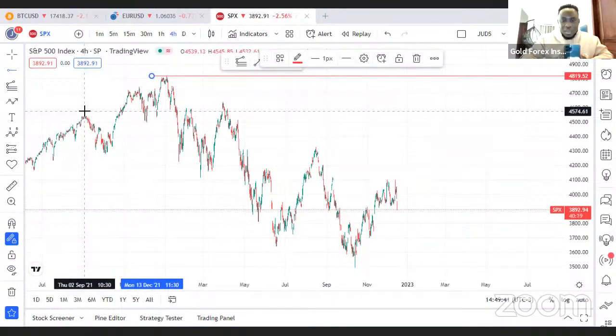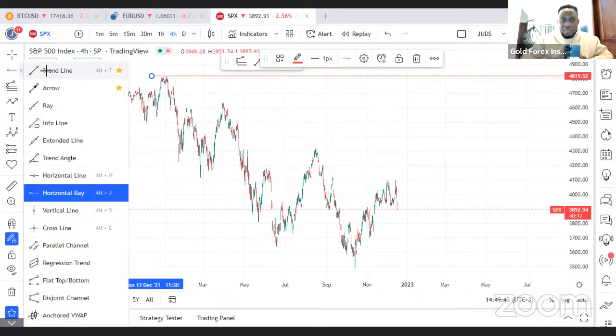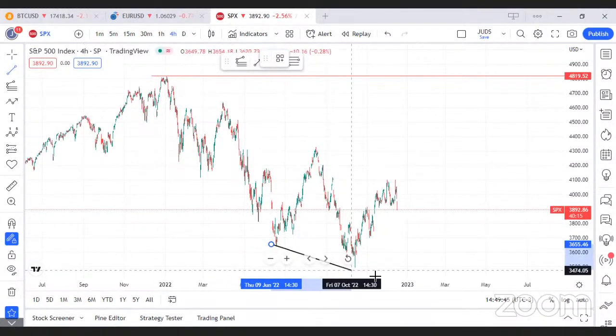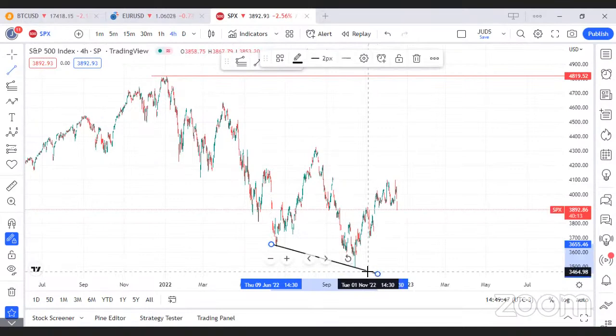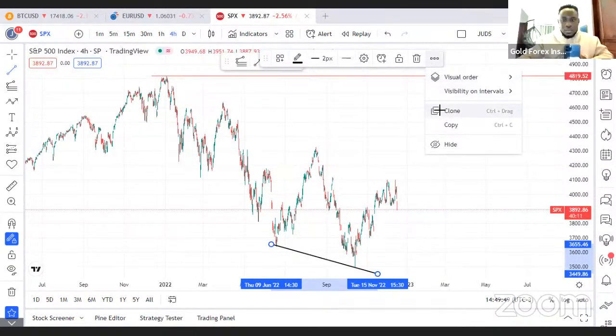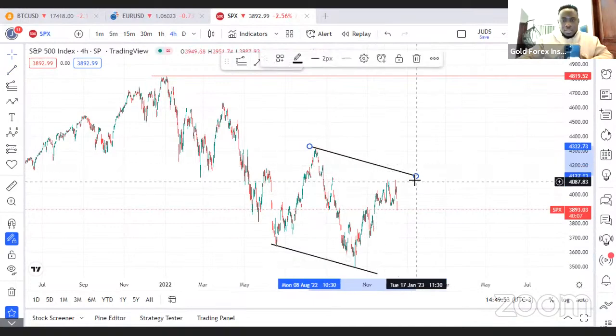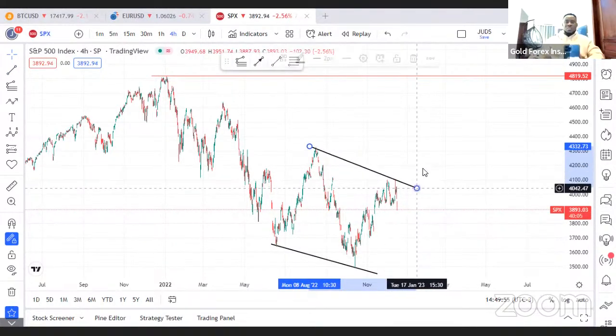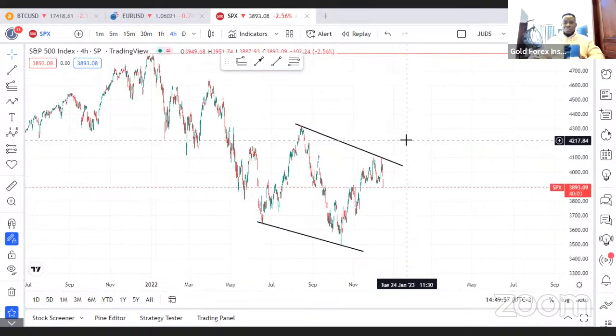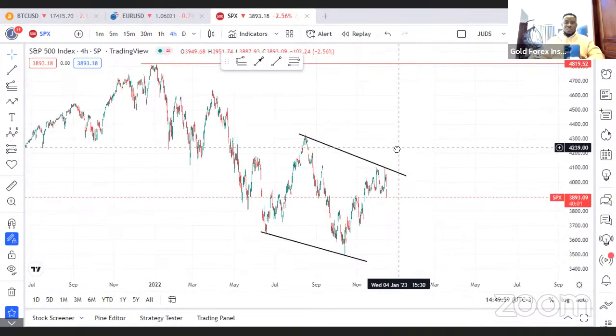Then the bigger correction formed a running flat correction. Yeah, so this is a running flat. So the breakout of the C leg is what's starting the next impulsive move.